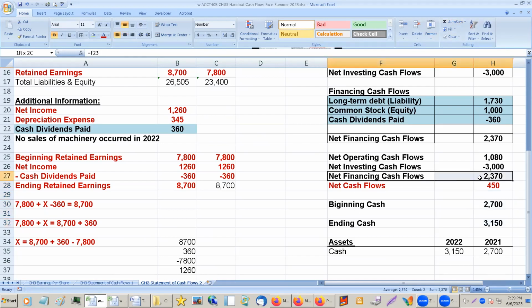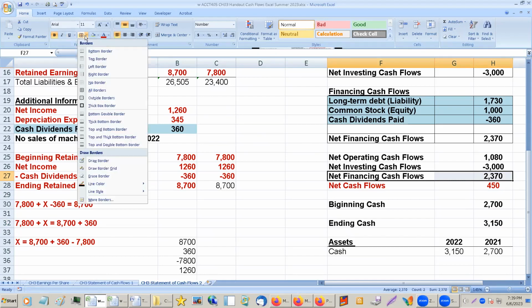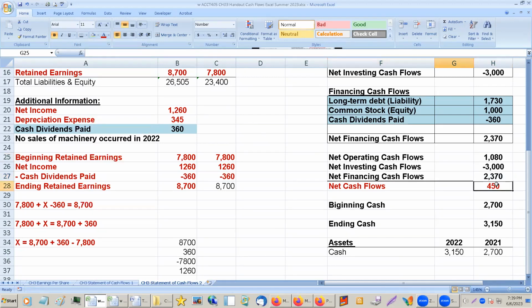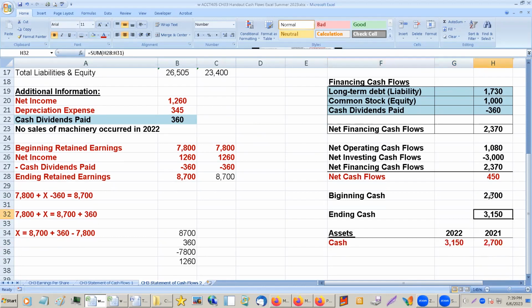So what we've kind of explained is, okay, cash went up by 450. Our beginning cash was 2,700, it went up by 450, the ending cash is that. That's exactly what we expected it to be. So you can actually check your answer when you do these, because the net cash flows plus the beginning should equal the ending.